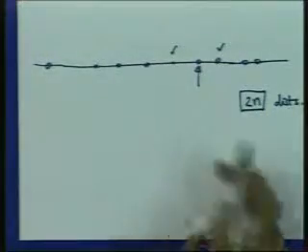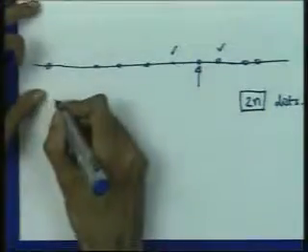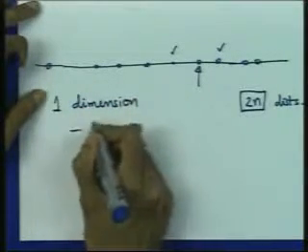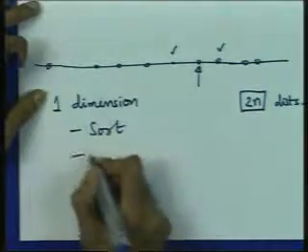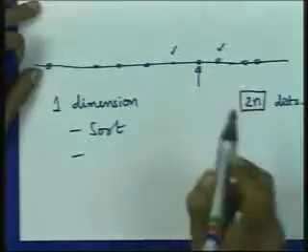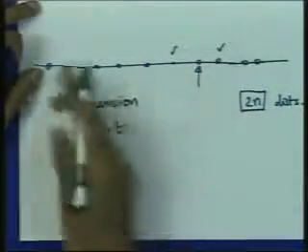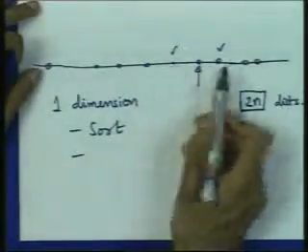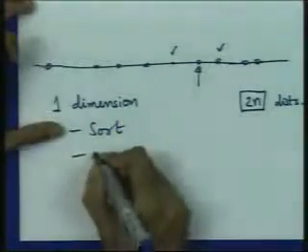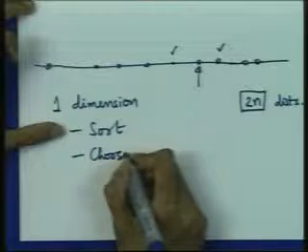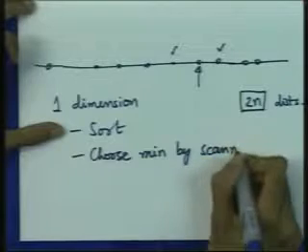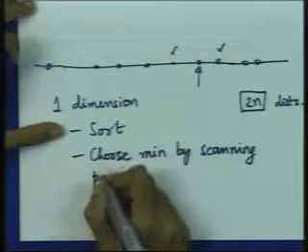Maybe just sort them. So in one dimension, sort. Once you sort them, look at them in increasing order from left to right, and for each point, look at the previous and the next one. Compute these distances and choose the minimum by scanning these points.